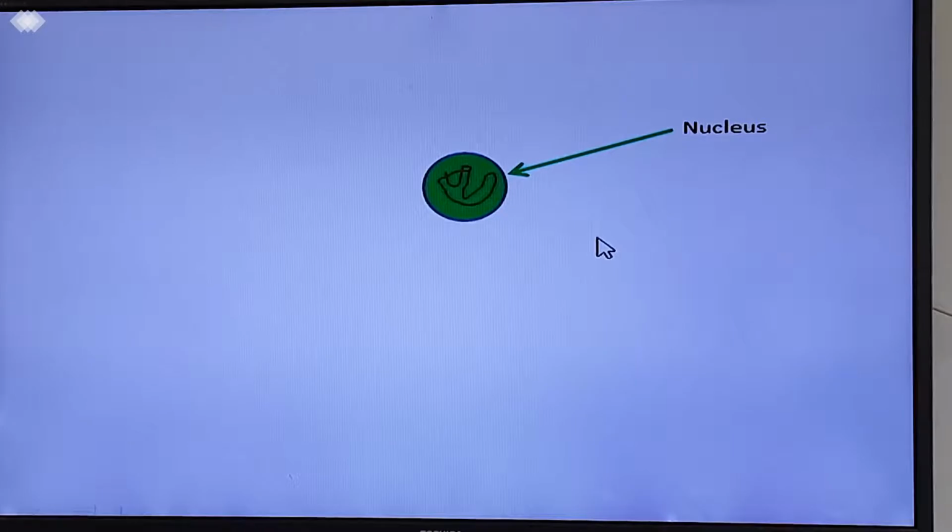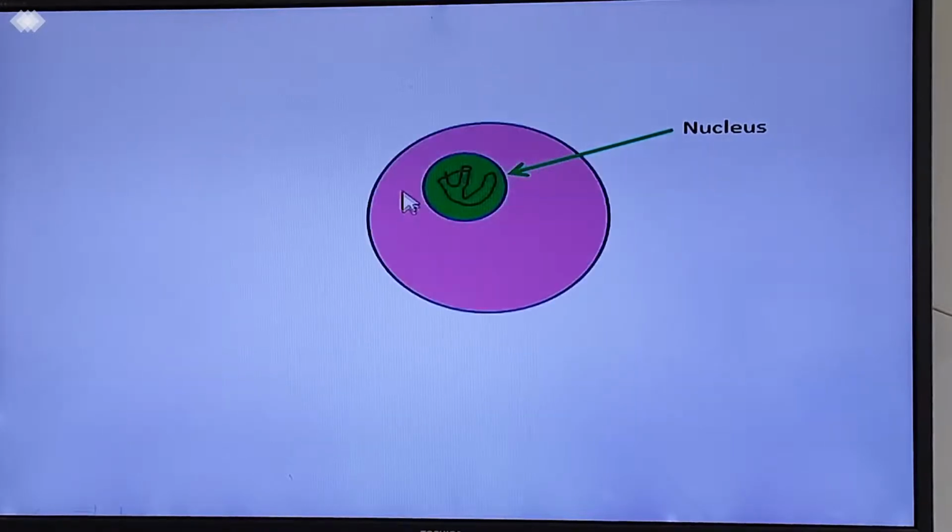This nucleus is surrounded by protoplasm known as the vitelline membrane.